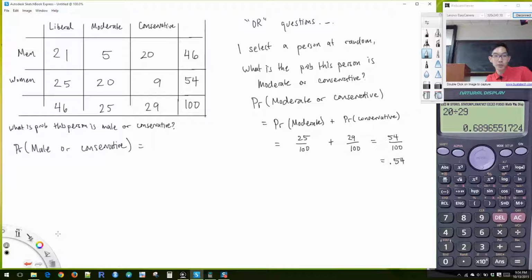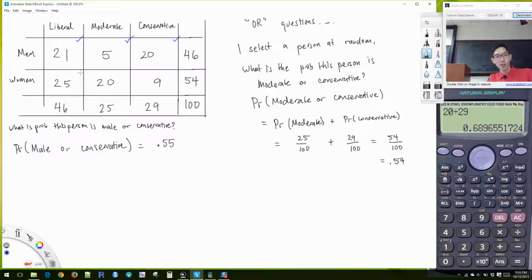0.66. I am getting 0.55. Let's see how I'm getting this number. Am I adding up wrong? I think I'm adding up correctly in my head. Let's ask all the people who qualify as male or conservative. Do these 21 liberal males qualify for the question of male or conservative? Yes. What about these 5 moderate males? What about the 20 conservative males?